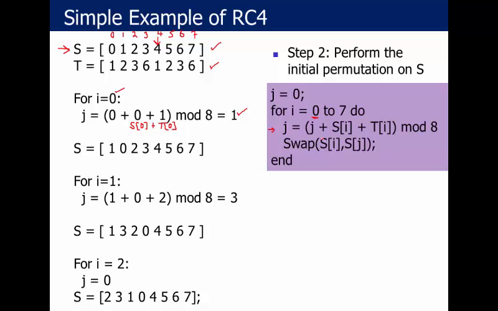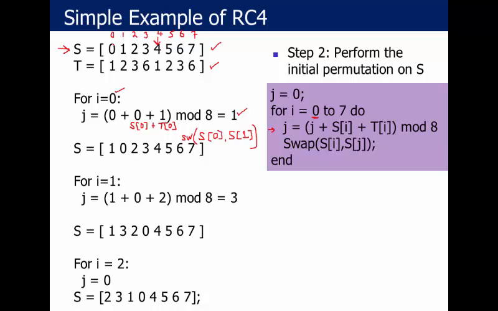Then we swap Si and Sj, which means we swap S0 and S1. So S0 is this, S1 is that.